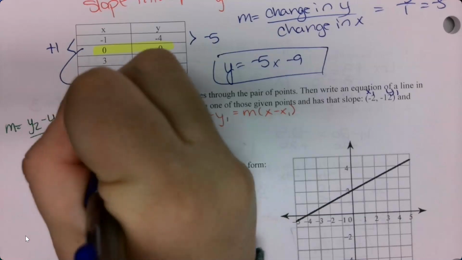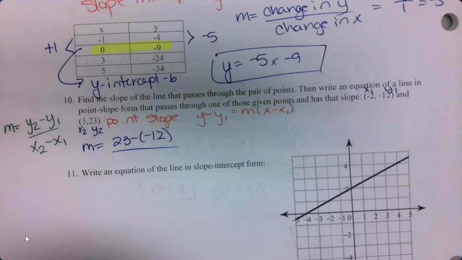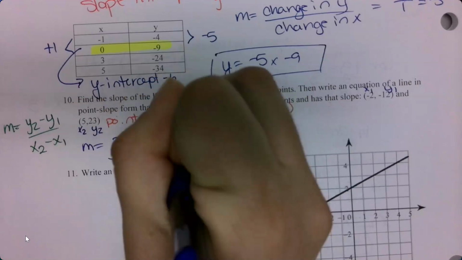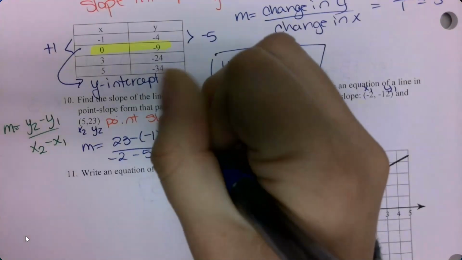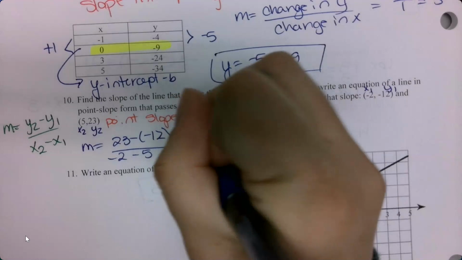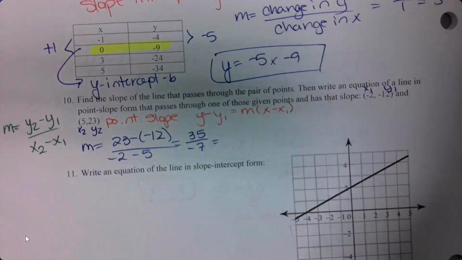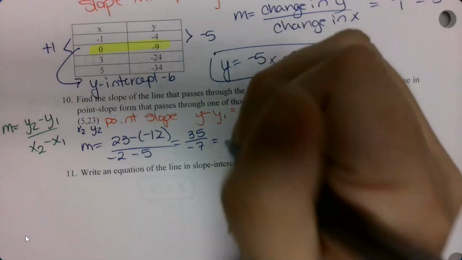So to find my slope, I'm going to do 23 minus negative 12 over negative 2 minus 5. 23 minus negative 12 is the same thing as adding 23 to 12, which is 35. And negative 2 minus 5 is negative 7. So I'm going to do 35 divided by negative 7, which gets me negative 5.